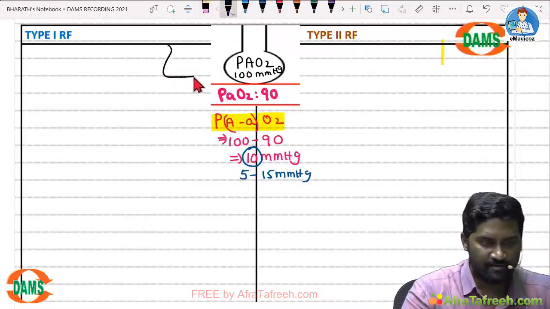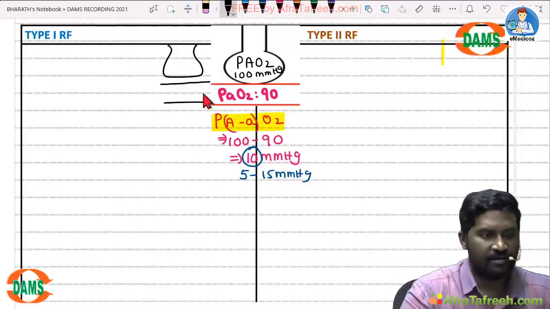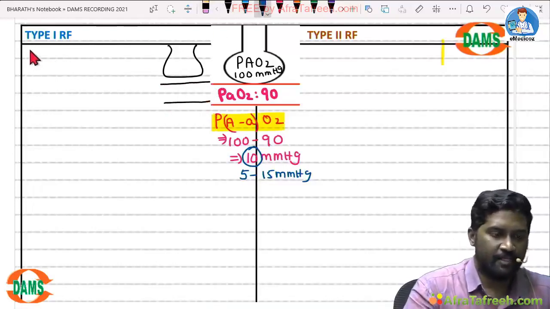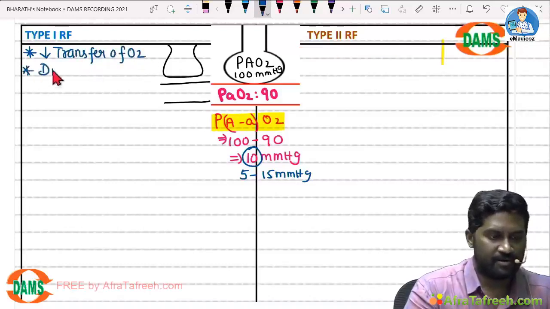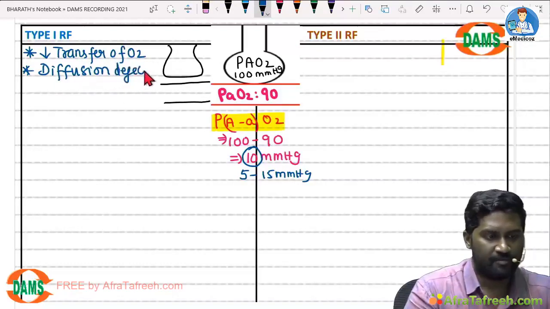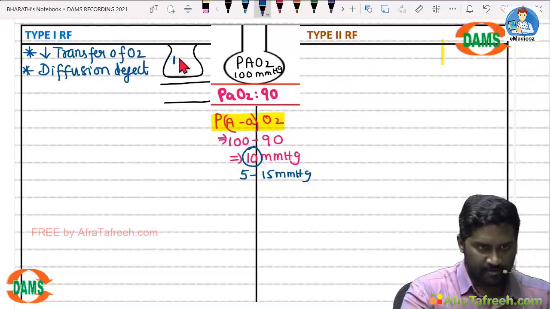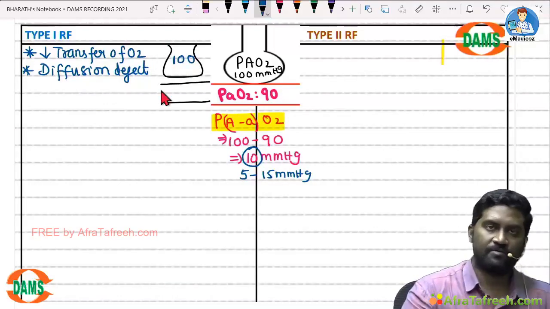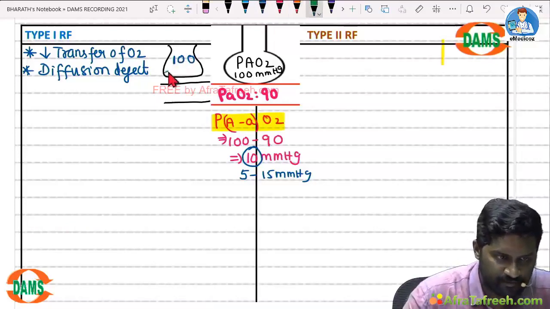Again, let this be the alveoli, let this be the blood vessel. Now in type 1 respiratory failure, the problem is any defect that results in decreased transfer of oxygen, and most importantly there will be a diffusion defect. Oxygen will reach the alveoli, but there will be some problem within the alveoli.